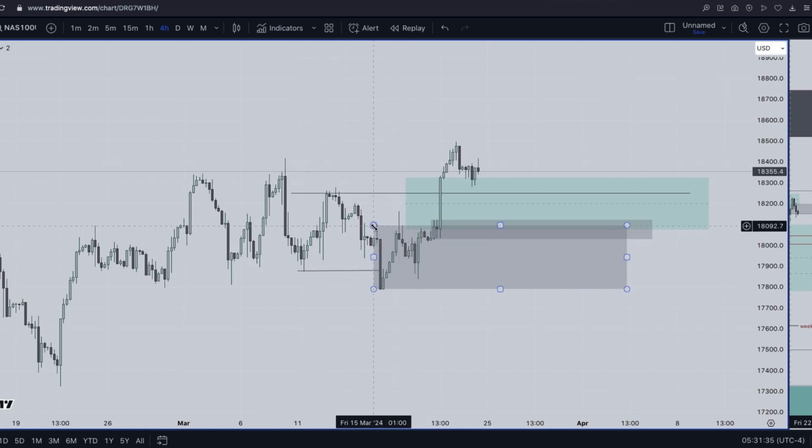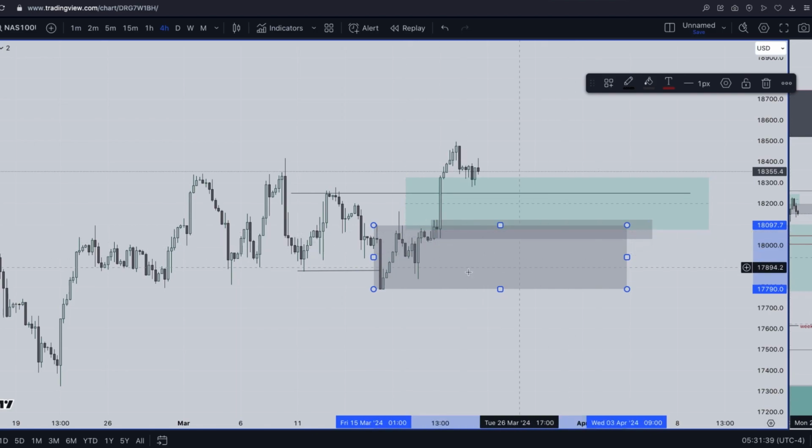So this is what I see as an order block. I see this one as an order block because it's the one that swept this low. Of course, I'm not just gonna jump into a trade just because price pulled back down here.